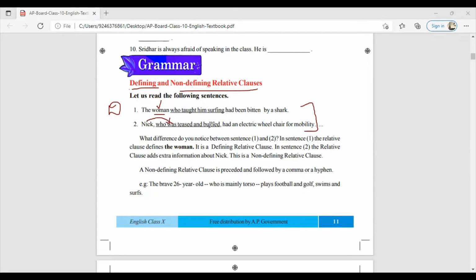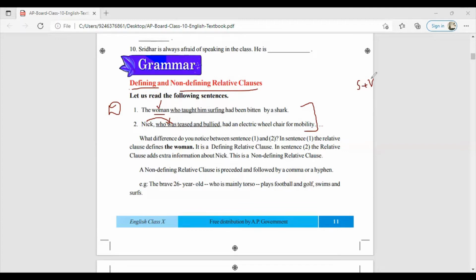So I tell you once again, just remember, what is a clause? A clause is something where subject plus verb agreement will be there. If you have a complete sense, that comes under an independent clause.